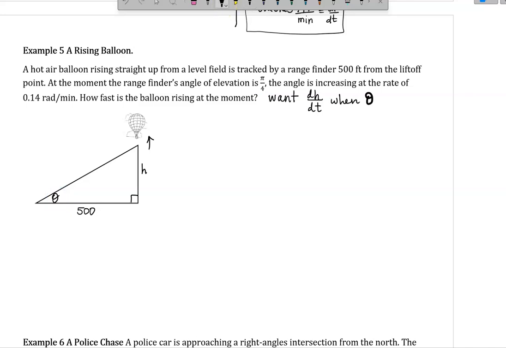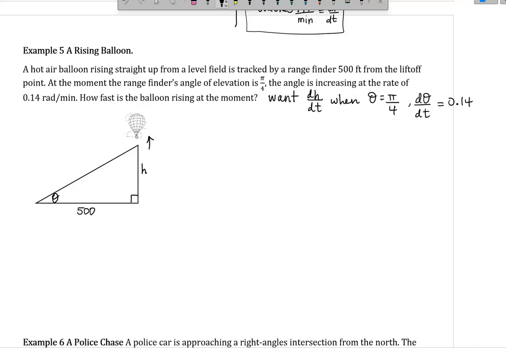They also told us, by the way, that when that angle is pi over 4, the angle is increasing at a rate of 0.14. So at that moment, I do know that d theta/dt is 0.14.